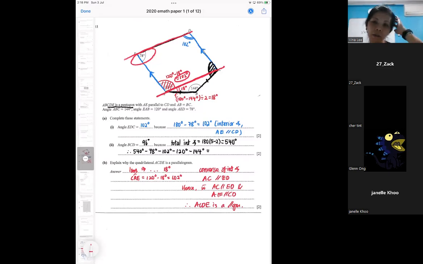Your syllabus has changed in such a way that a certain percentage of questions need reasoning. So I think it's better that you over-explain than under-explain, but of course explain with the proper property or reasoning, whatever geometrical property you know. In this case, my geometrical property is the interior angle.